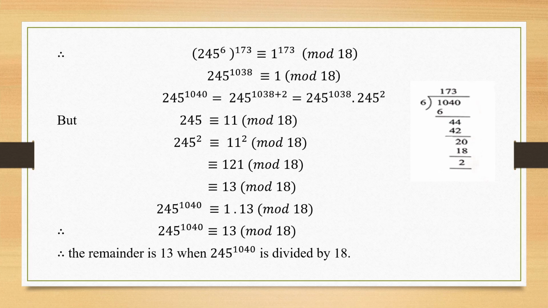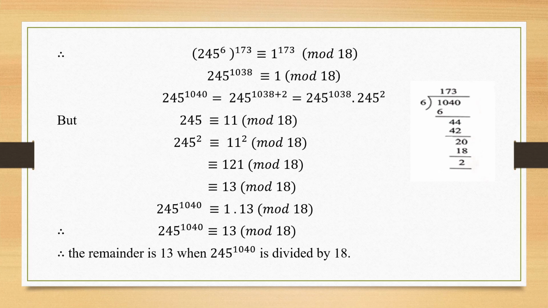The remaining number is just 2. So 245 raised to the power of 1038, which is congruent to 1 raised to the power of 173, will result in 1 itself. So 245 raised to the power of 1040 is equivalent to 245 raised to the power of 1038 plus 2.